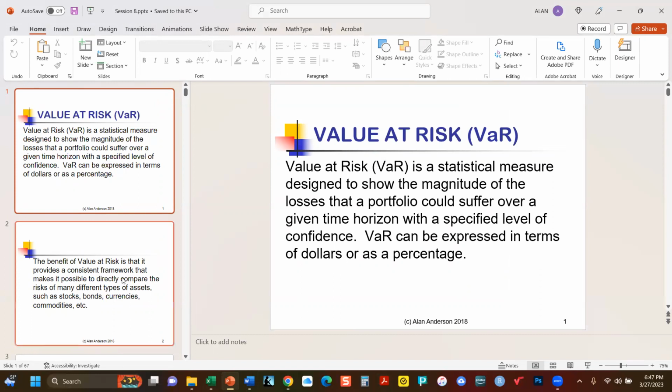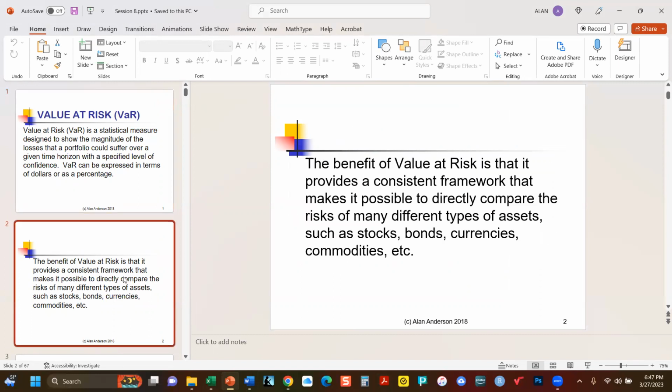The good thing about value at risk is it provides us with a framework that makes it possible to directly compare the risks of many different types of assets. It doesn't matter what they are: stocks, bonds, currencies, commodities. As long as they're trading in the marketplace, you'll have no trouble combining them into a single portfolio. It could be time consuming, but it is doable.